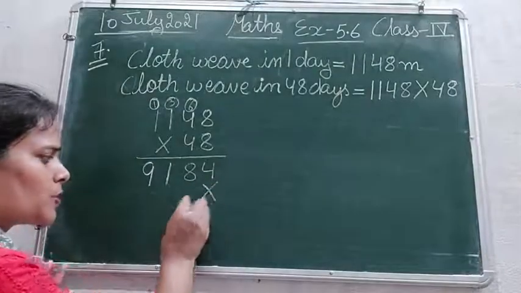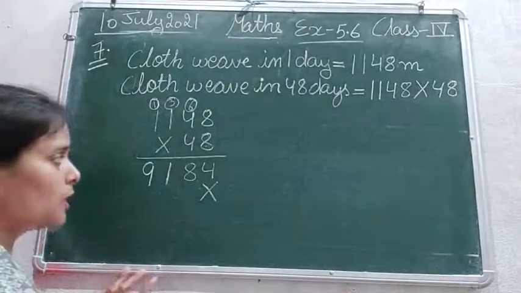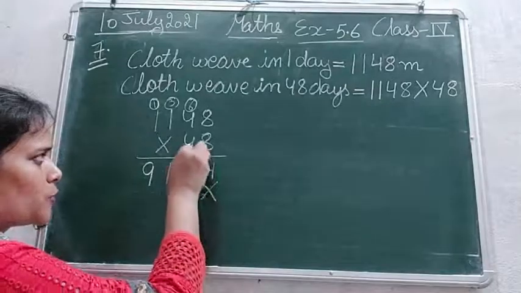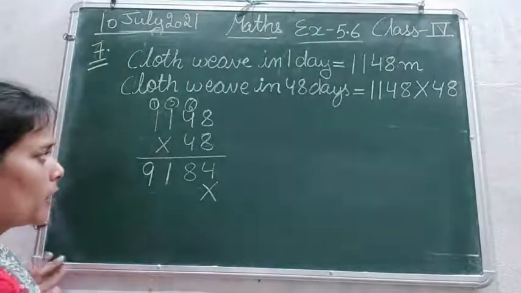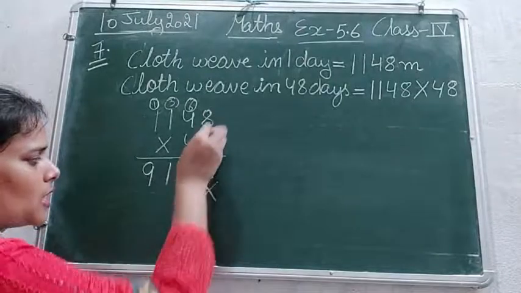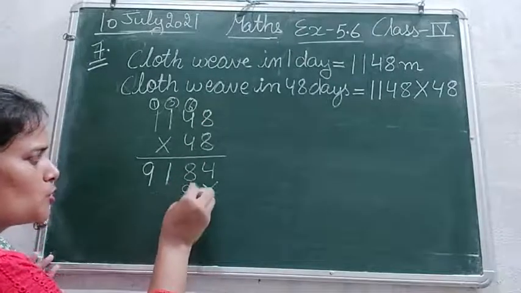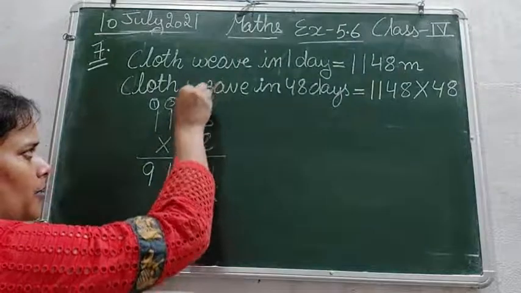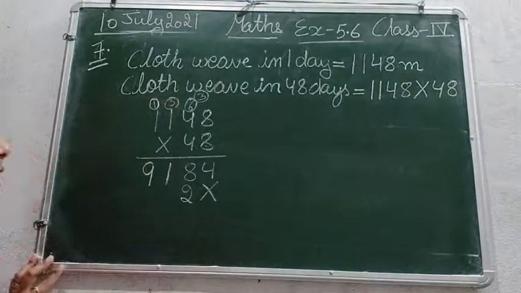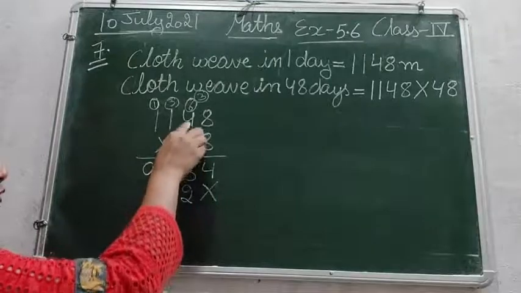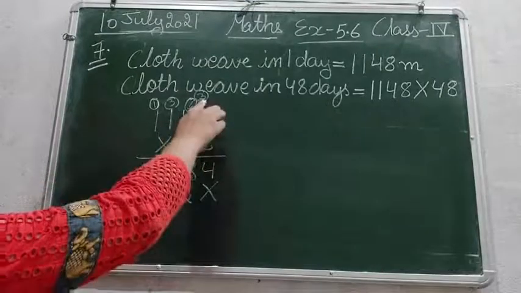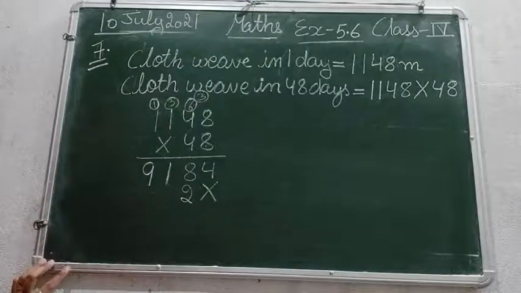Next, we will put a cross mark here. Okay, so now we are going to multiply this 4 with 1148. Okay, so 4 8s are 32. 2 will be here, the 3 will be carried above. Next, okay, now multiply 4 with 4. 4 4s are 16. 16 plus 3, that is 19.